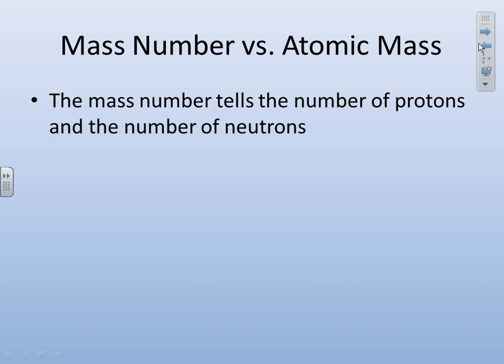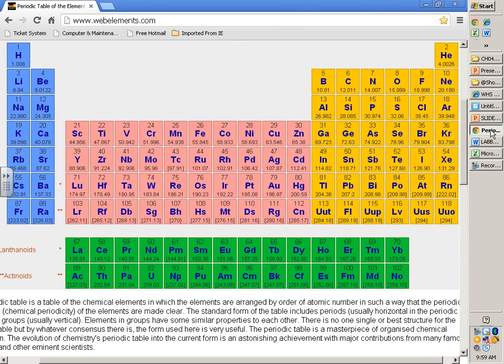But if you look at the periodic table, something like this, right? And we look at the numbers on the periodic table, there are some whole numbers, some integer values, but those are those atomic numbers, right? And underneath these numbers, very few of them are even close to whole numbers.